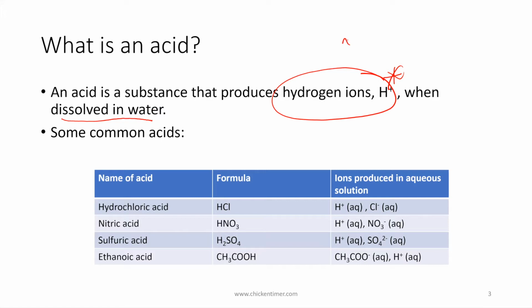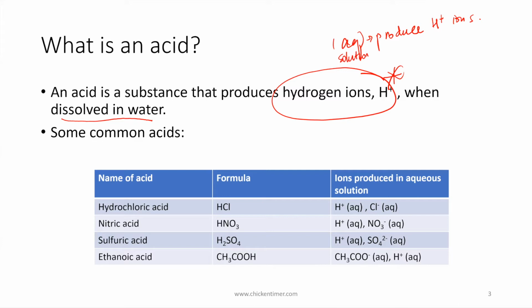So in aqueous solution, they must produce H plus. Because of these H plus ions, every acid will contain hydrogen H plus ions.